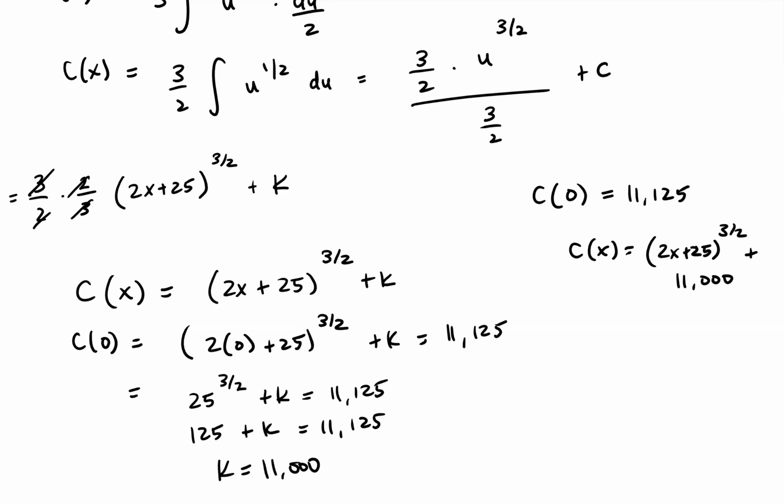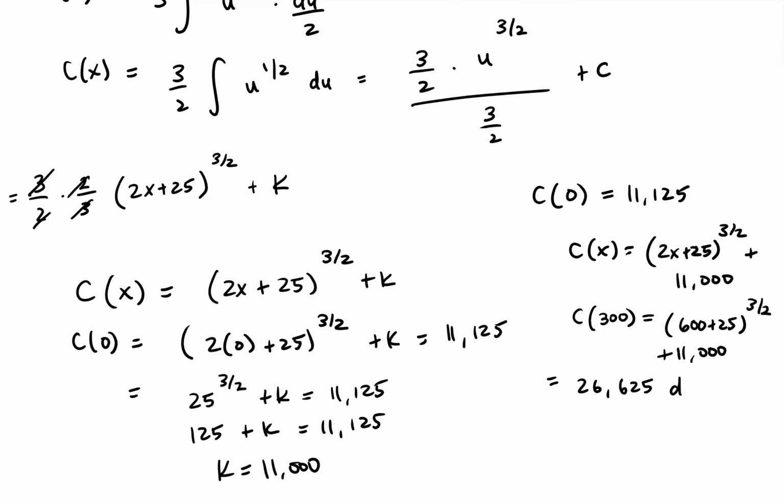But the original question asks what would be the total cost of producing 300 items per month. So we still need to evaluate C of 300, and that's going to be 2 times 300, which is 600, plus 25, to the 3/2 power, plus 11,000. And if you simplify that, it ends up being 26,625.